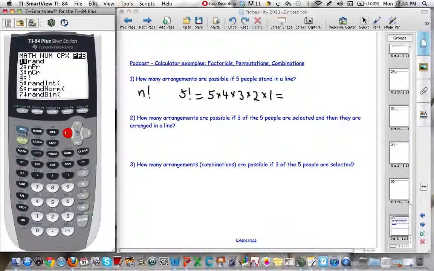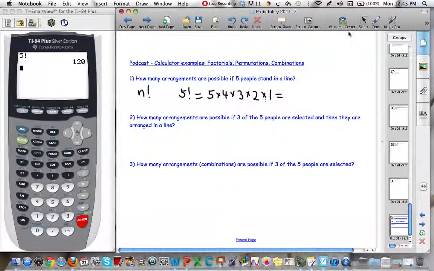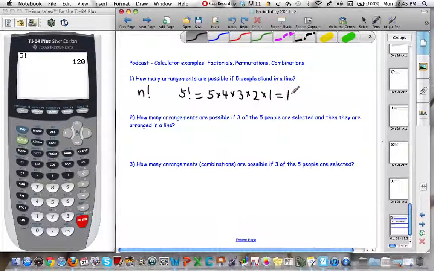Before I do that, I type the number, in this case 5, and then I go across to math, probability, and select number 4, factorial, and hit enter, and that will evaluate 5 factorial for us. In this case we can see that the answer is 120. There are 120 distinct arrangements of 5 people standing in a line.